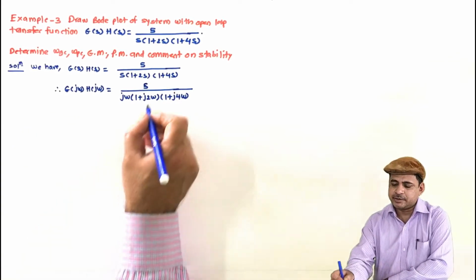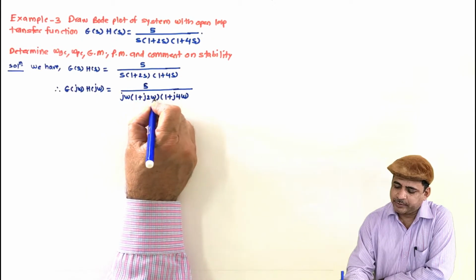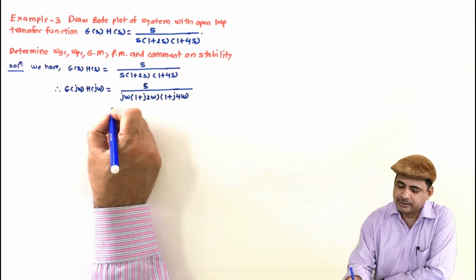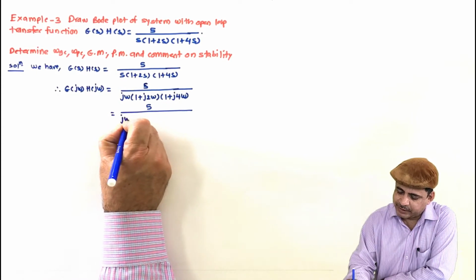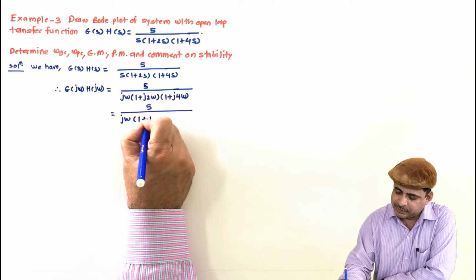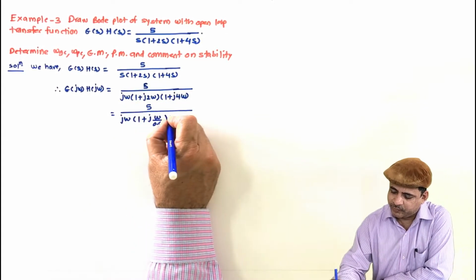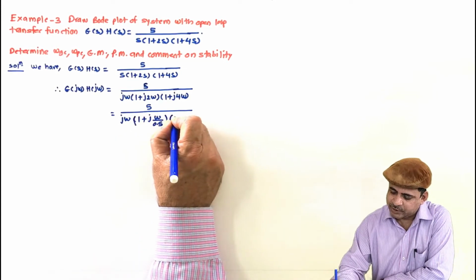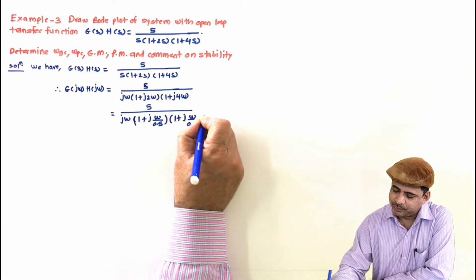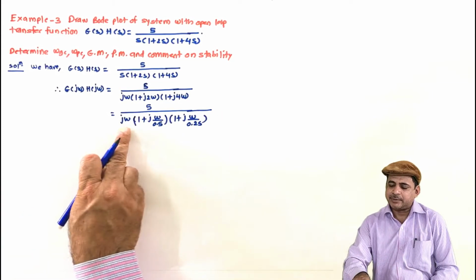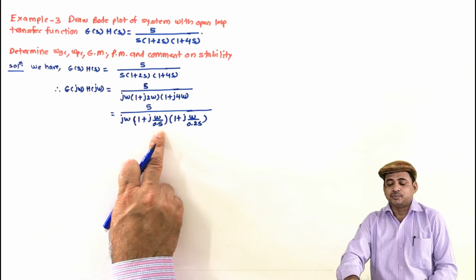Now here corner frequencies are obtained in the format 1 plus j omega by omega c. So this must be written as 5 upon j omega into 1 plus j omega by 0.5. 2 can be written as 1 by 0.5, and in the same way the next pole will be 1 plus j omega by 0.25. So the corner frequencies are the pole at origin, so 0, then 0.25 and then 0.5.